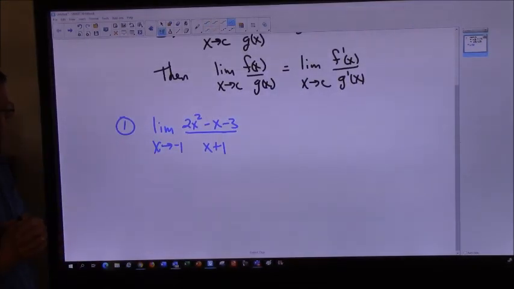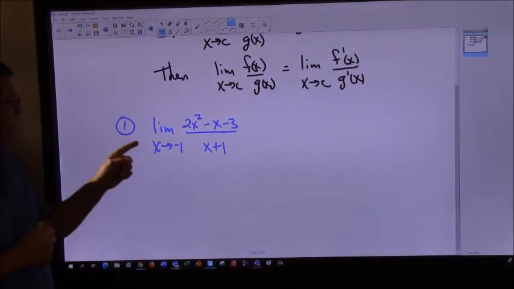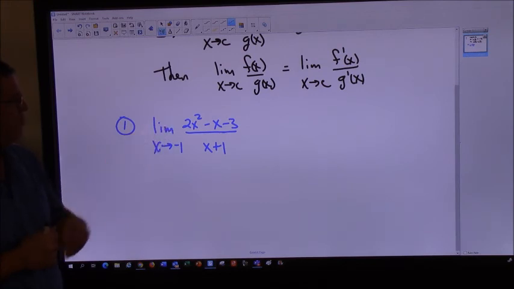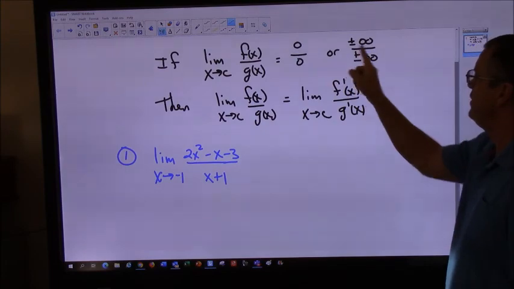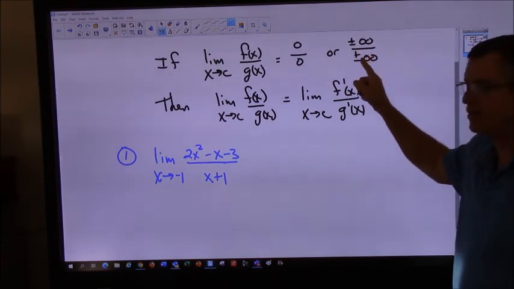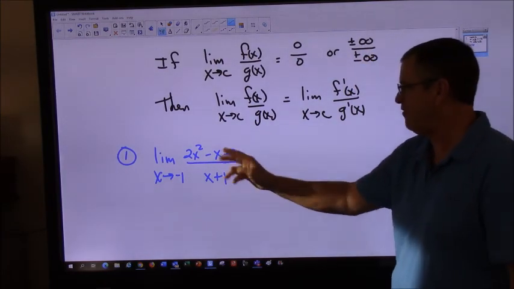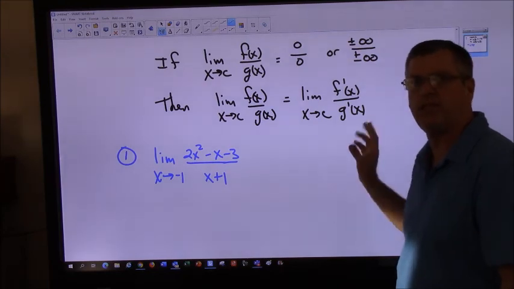All right, so I've got the limit here as x approaches -1 of 2x squared minus x minus 3 over x plus 1. Now, first step is we have to verify that one of these two conditions here is met. I don't want to just look at this and go, oh, fraction, take the derivative, now try the limit.